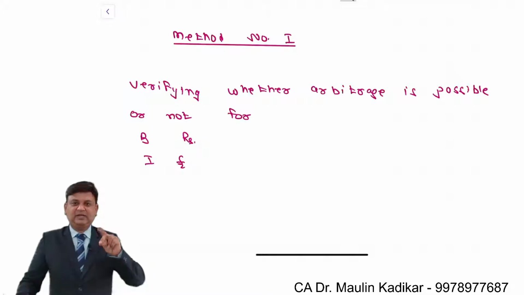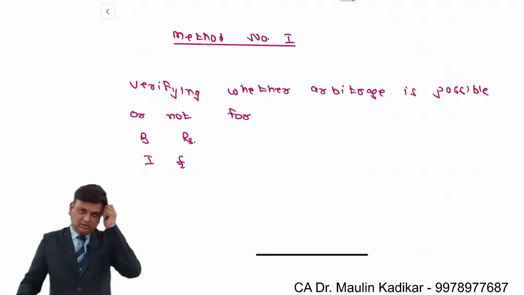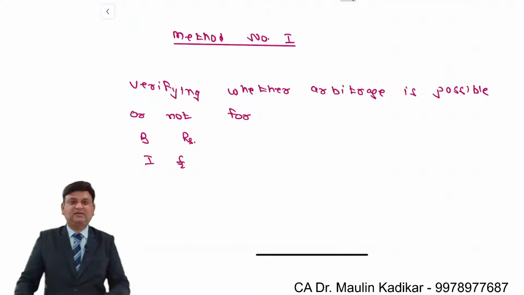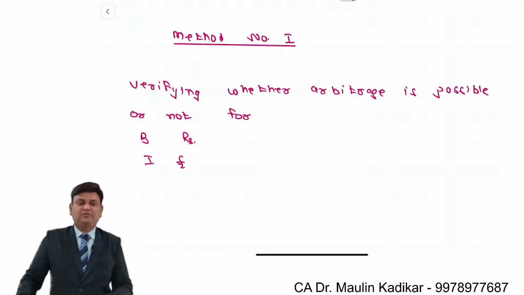So in method number one, directly we will make the calculation for borrow rupees and invest in pound, and then we'll do the reverse. That is the way method number one works. How method number two is applicable, I will explain slightly later on.